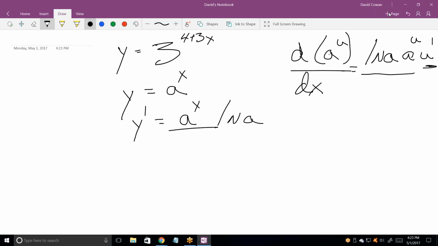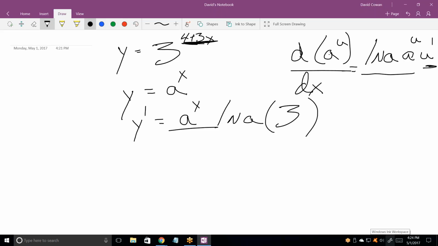So what's the derivative of the inside? I've almost got the answer here, but I need to multiply it by the derivative of the inside of u. So the derivative of that is going to be 3, right? So there's your answer.